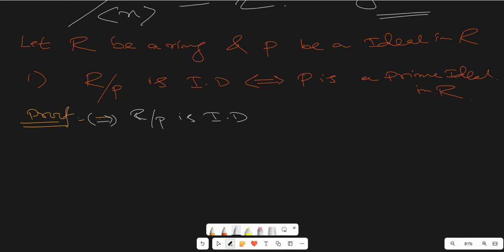R should be a commutative ring with unity, you have to assume. Okay, I think I don't need the commutative ring with unity. Anyways, let's prove it and see whether the commutativity and the unity create a problem or not.